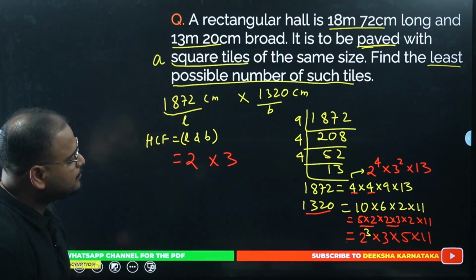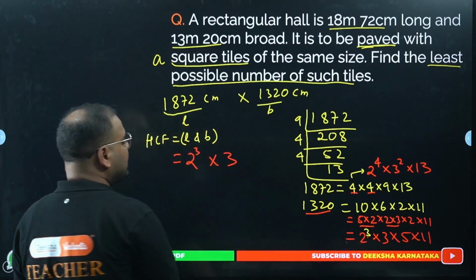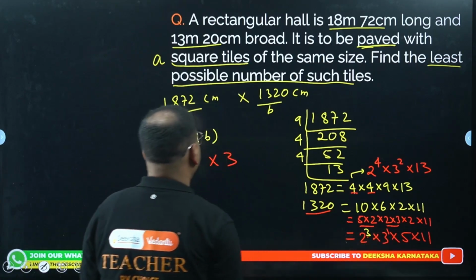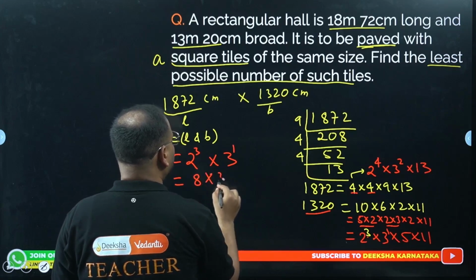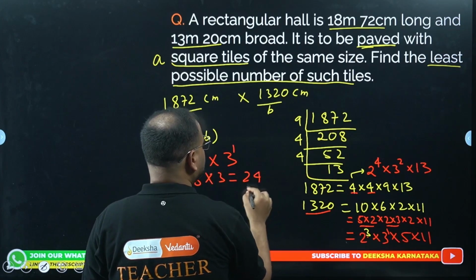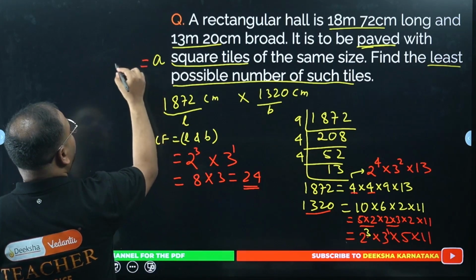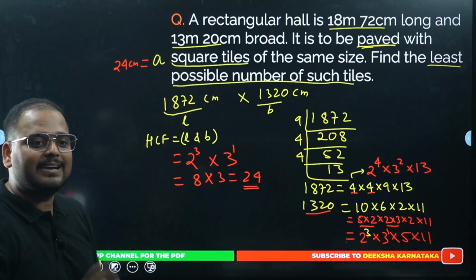Least power of 2, check here, it's 3. Least power of 3, check here, it's 1. So 2 power 3 is 8, times 3 is 24. So this part is done. What is 24? 24 is my value of A, 24 centimeters, the square tile side length.